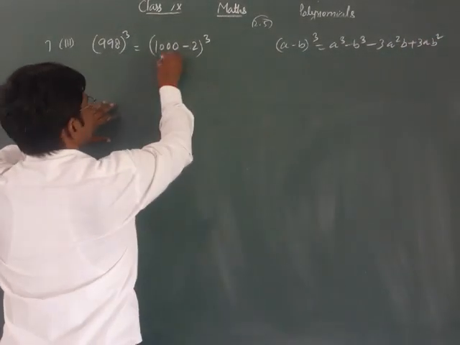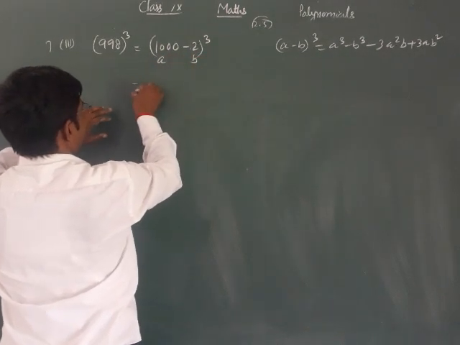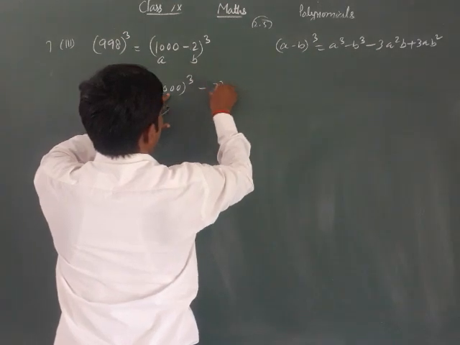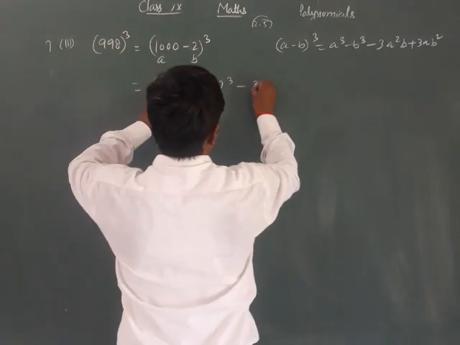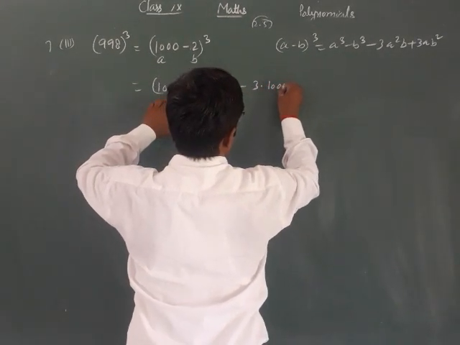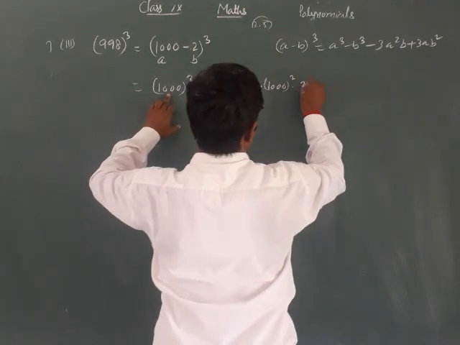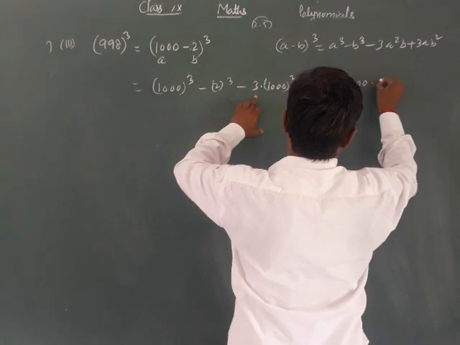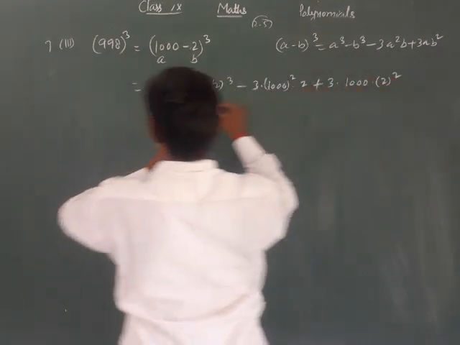Now this is a, this is b. So 1000 cube minus 2 cube minus 3 into 1000 square into 2 plus 3 into 1000 into 2 square.